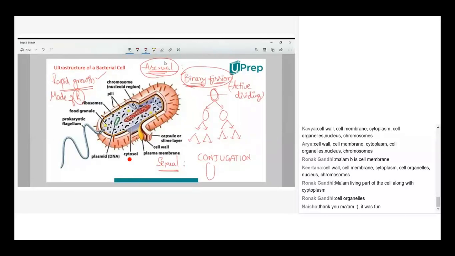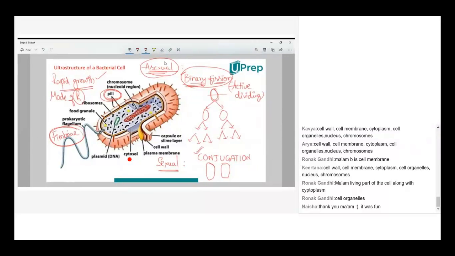Male and female discrimination is not there in bacteria, but there is a discrimination based on the pili. While discussing pili, I said they are also called fimbriae. Did I mention this word in the last session? Pili are also called fimbriae. The pili or fimbriae are involved in conjugation.